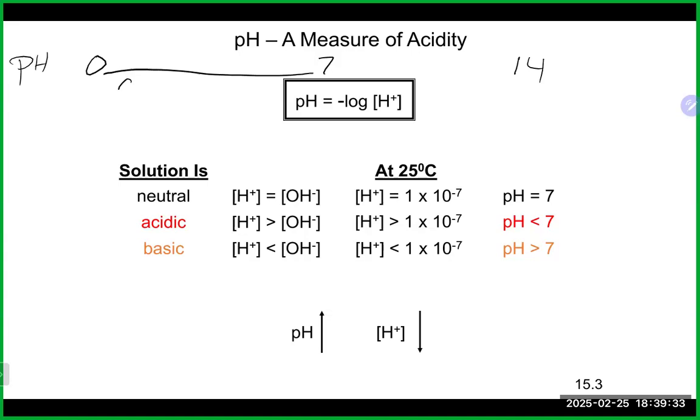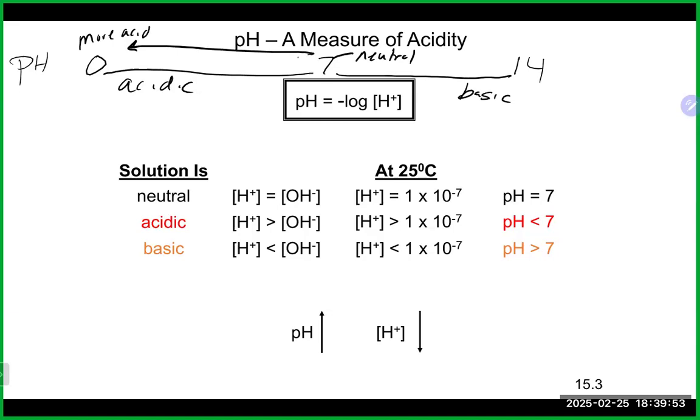Below 7 is acidic. Above 7 is basic. At 7 is neutral, and 7 is your neutral point. As you go from 7 towards 0, you become more acidic. As you go from 7 towards 14, you become more basic.